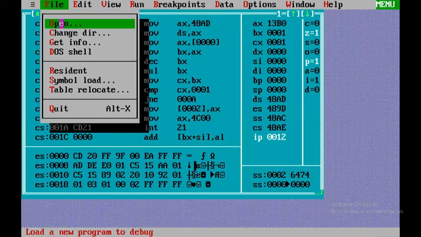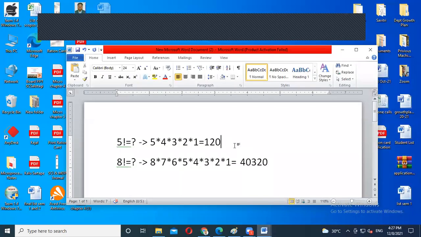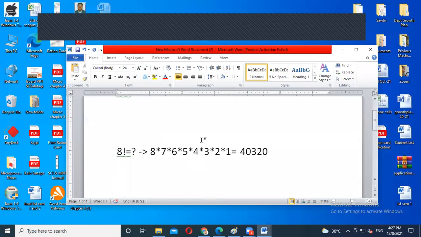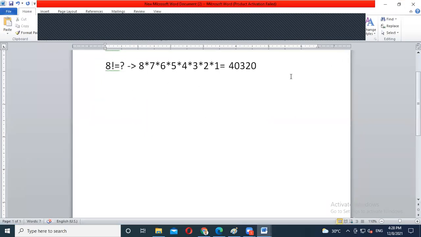So dear all students, I just have to execute this program. Exit. Okay. So here, what are we getting? All of you observed here on the screen, we are going to find the 7 factorial, right? So what is 7 factorial? It is 7 into 6 into this.